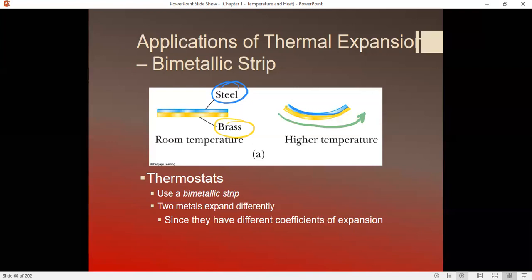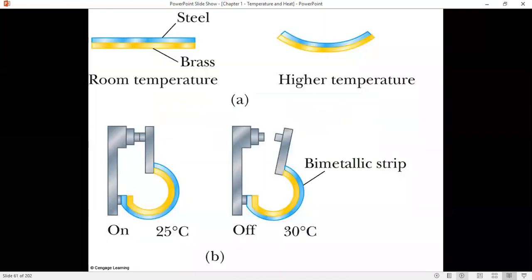So steel expands a little bit, brass is a softer metal. In fact, if you used an even softer metal like aluminum, it would expand even more. So again, we can use this bimetallic strip for a number of different applications.